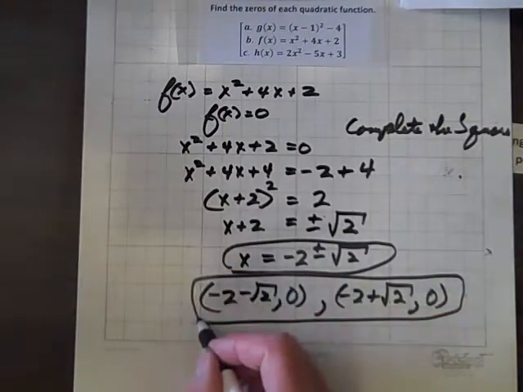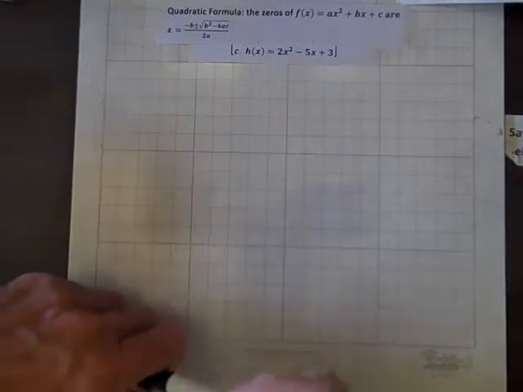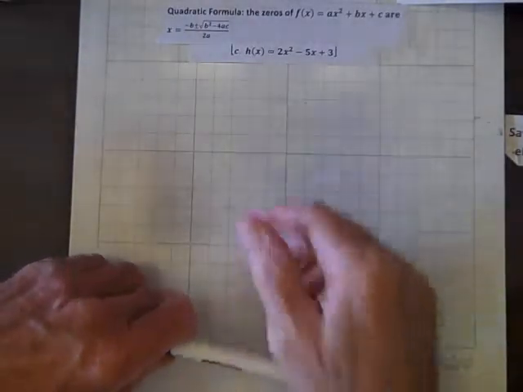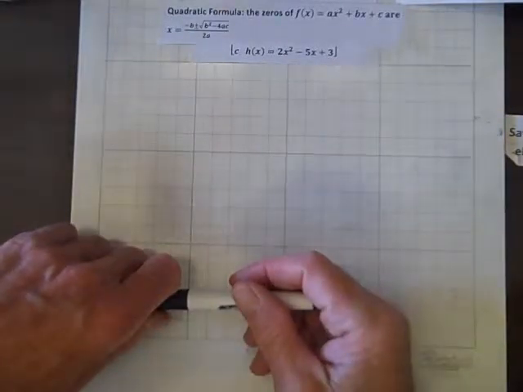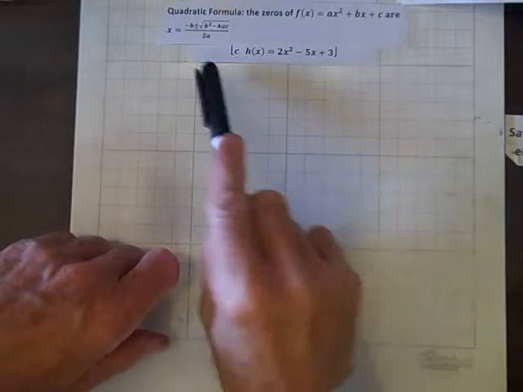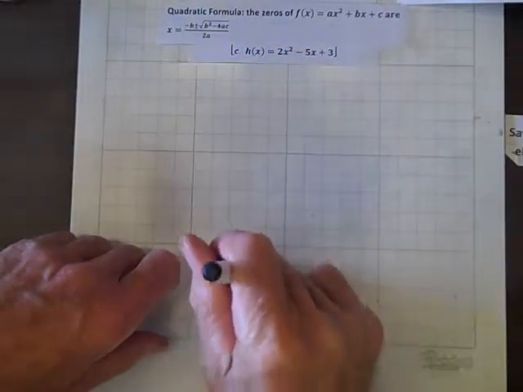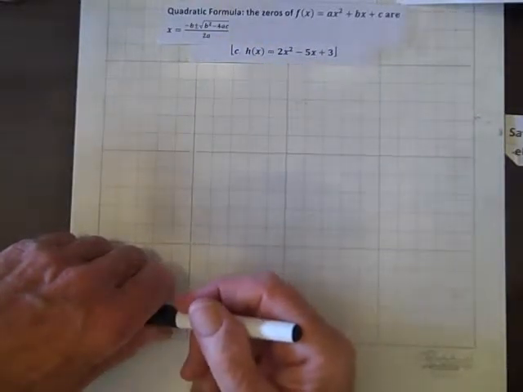And time for the next one. Now, to find the zeros of the final equation, h of x equals 2x squared minus 5x plus 3, we'll use the quadratic formula. I hope you can read that.